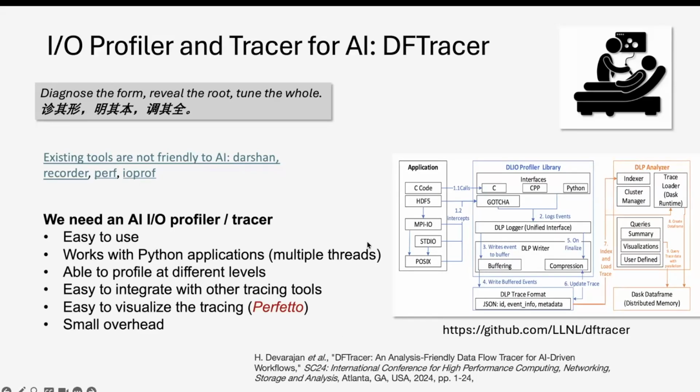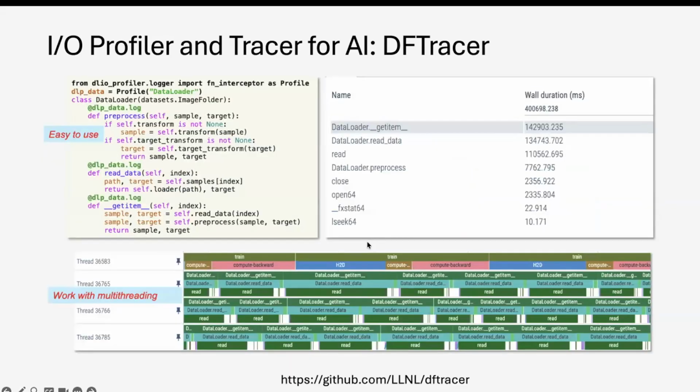This is an example of how to modify the data loader code so that it will generate that profiler tracing data. On the top left, you just import the module, and everything can be done by Python decorator.